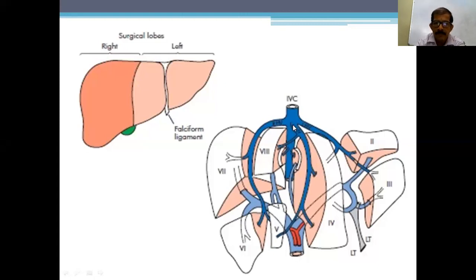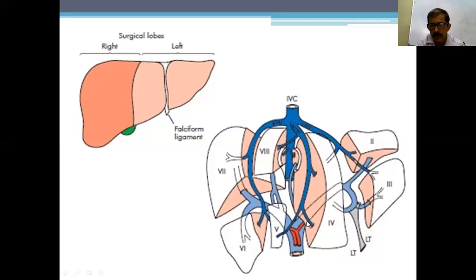So these are the hepatic veins. Right hepatic vein will drain 5, 6, 7, 8. Whereas this 2, 3, 4 will be drained by the left and middle hepatic veins.